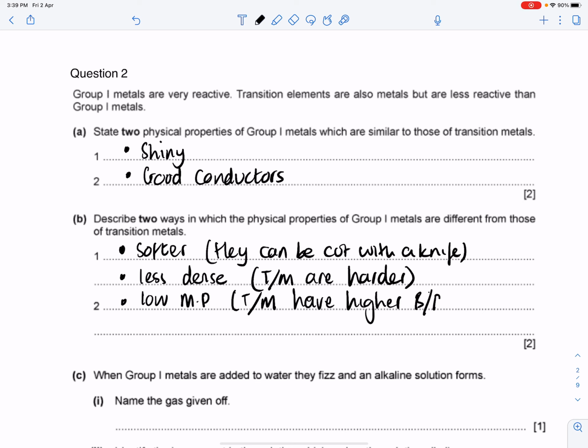You see how I've clarified, I've quantified what I've done because it's saying how are they different. So if you've put softer, you don't necessarily have to clarify. But if you've put less dense, then it's always good to clarify so that if it's a comparison, you write one side and then you write the other side, just to make sure that you're not missing out on any marks.